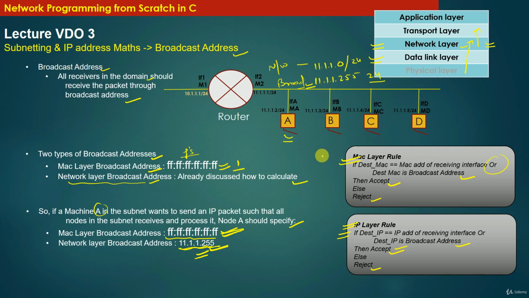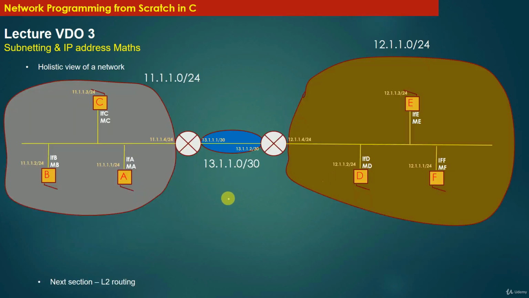So this is how broadcast is done. You have to specify the broadcast address at two levels, that is at the data link layer as well as at the network layer.